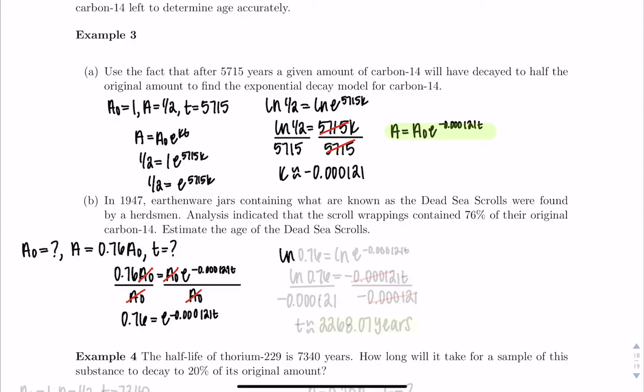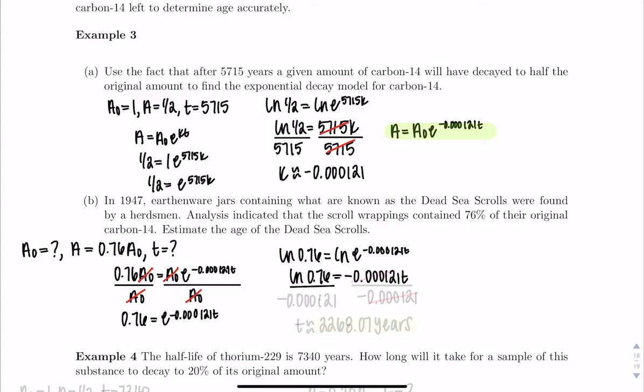We can take the ln of both sides. And so what we end up with is ln of 0.76 equals negative 0.000121t.